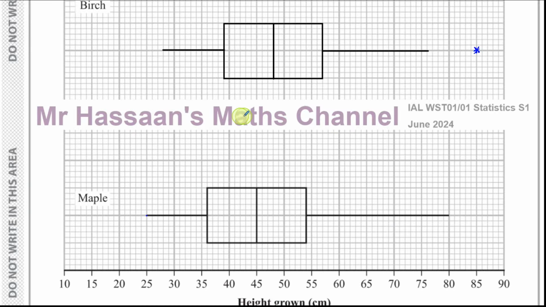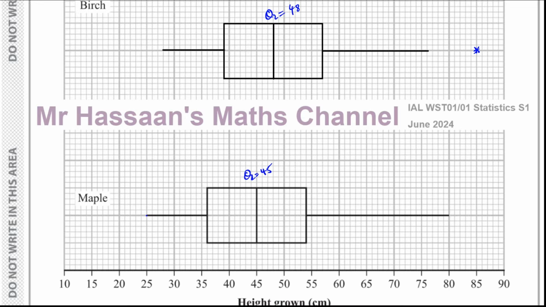So we can see that for the birch tree, the median Q2 is 48, as we calculated. And for the maple tree, the Q2 is 45.